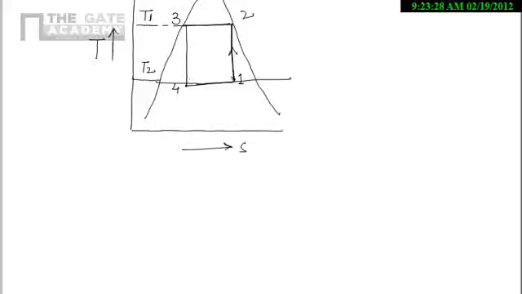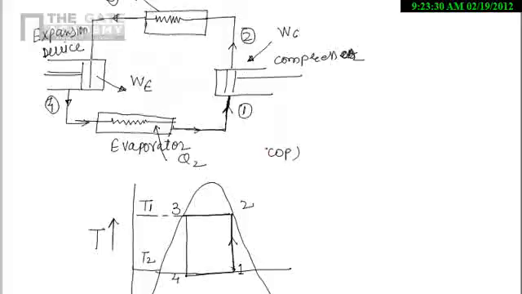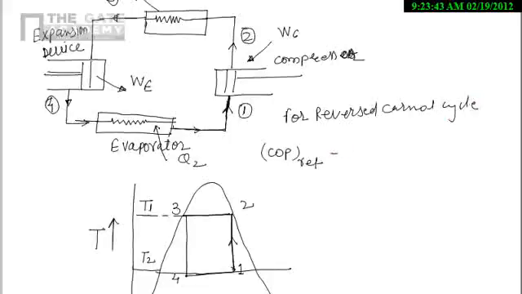So for COP for refrigeration, in that case, I will write for reverse Carnot cycle, it is nothing but Q2 divided by Q1 minus Q2 equals T2 divided by T1 minus T2.